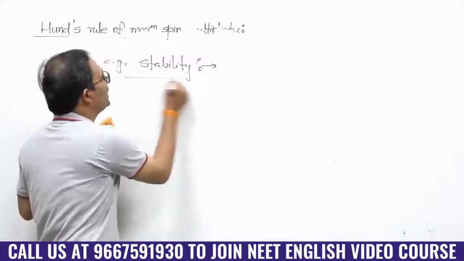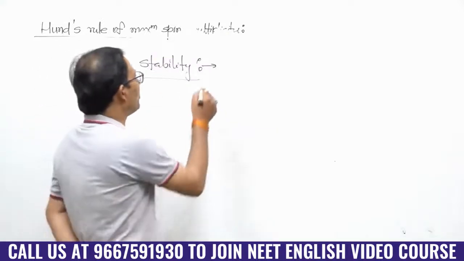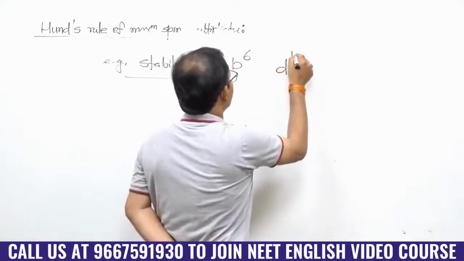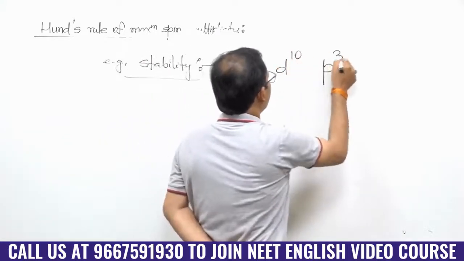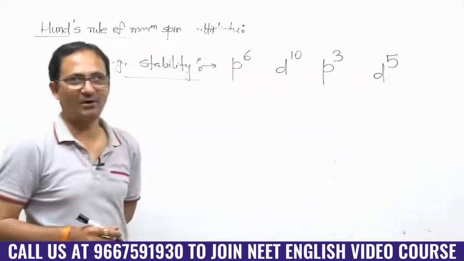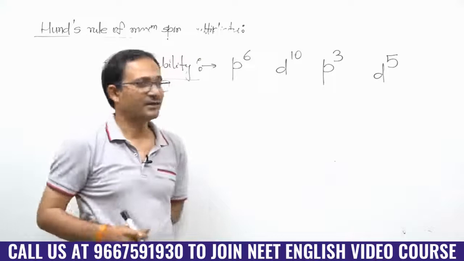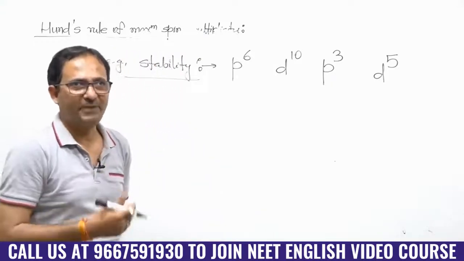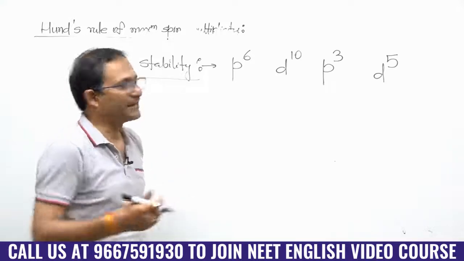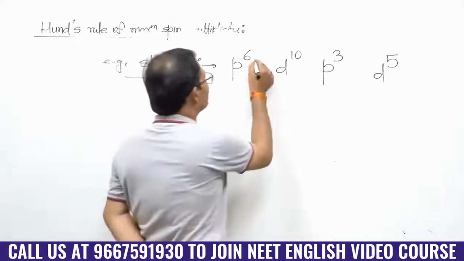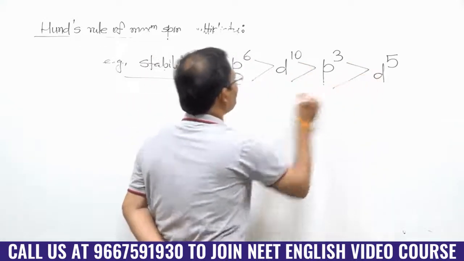Now look at this very important example. We have to arrange the stability of P6, D10, P3 and D5. Now arrange these subshells on the basis of their decreasing stability, and the right order of their stability is this.